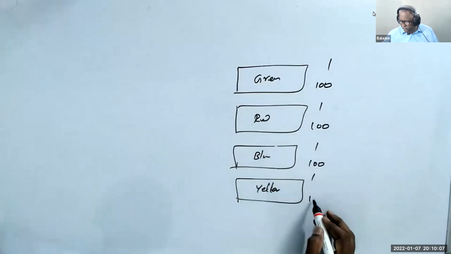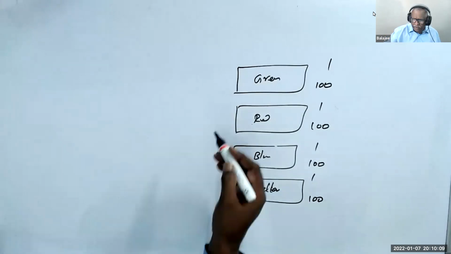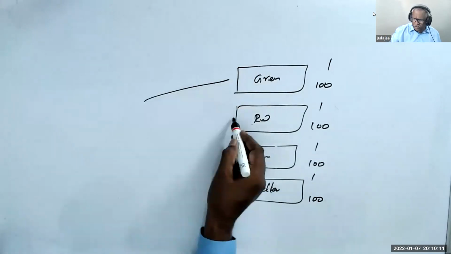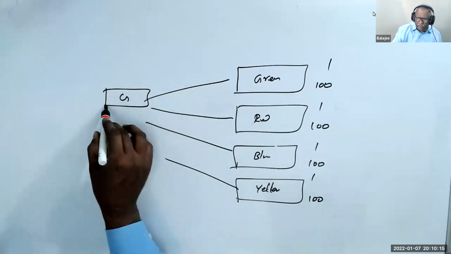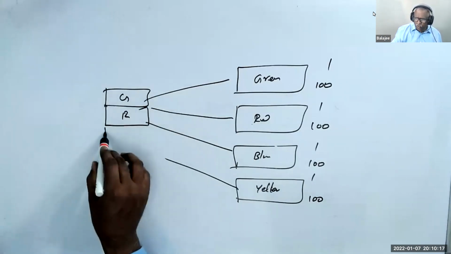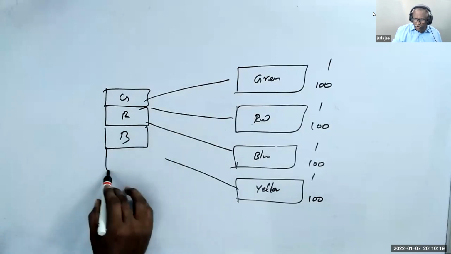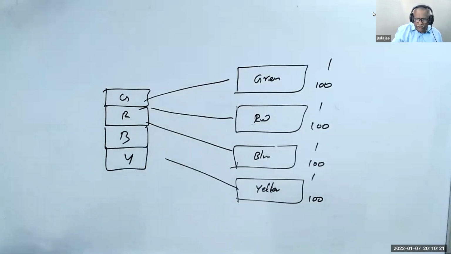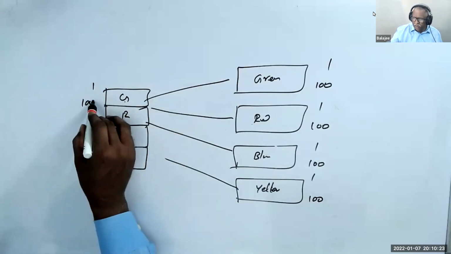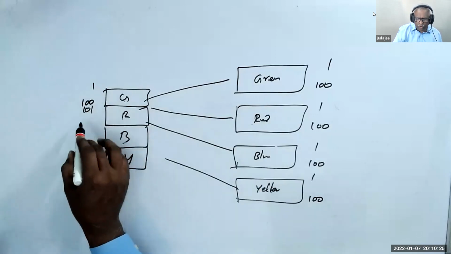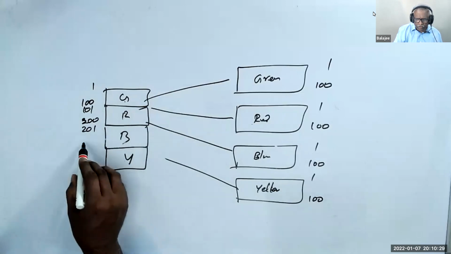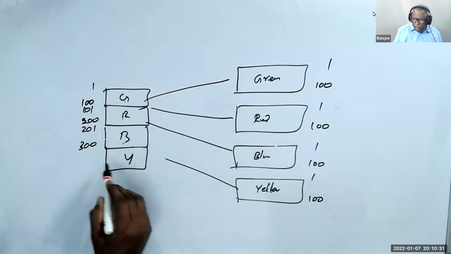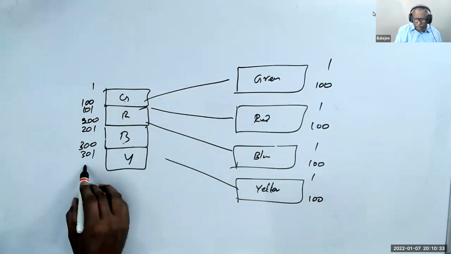Individually, they are 1 to 100 pages. I combine all of them together. I put green first, red second, blue third, and yellow fourth. Now green is 1 to 100. Red is 101 to 200. Blue is 201 to 300. And yellow is 301 to 400. Am I right?